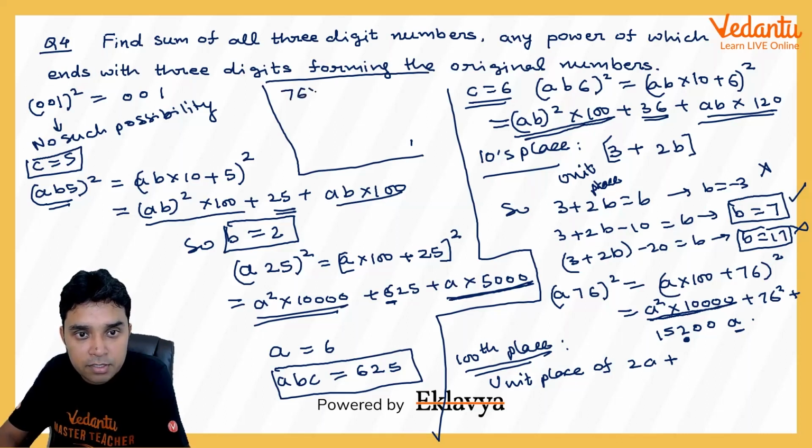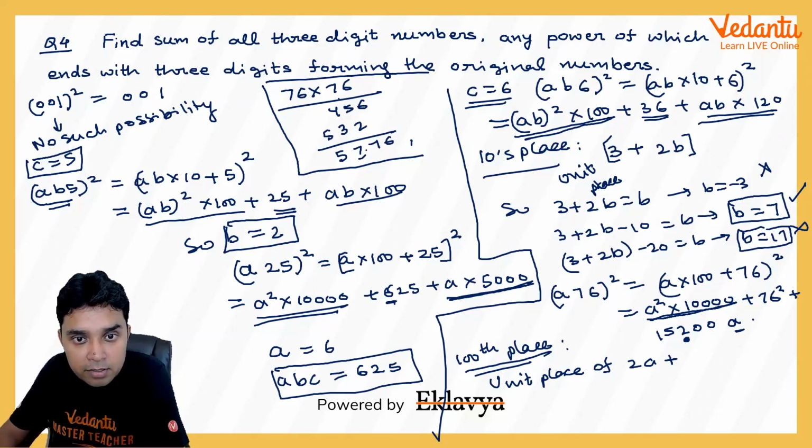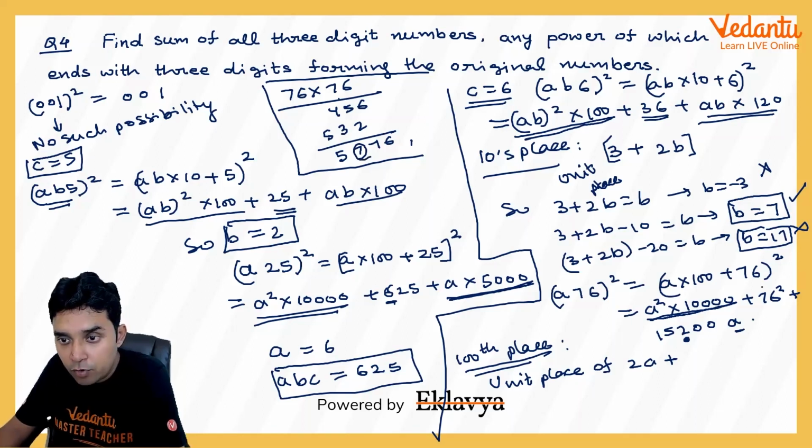Let me check. 76 into 76. So it will be 5776. So I think I will need this number here, because hundreds place we are looking for. In the square of 76, hundreds place is 7. So unit place of 2a plus 7 will decide the hundreds place of the right hand side, and we want this to be equal to a.